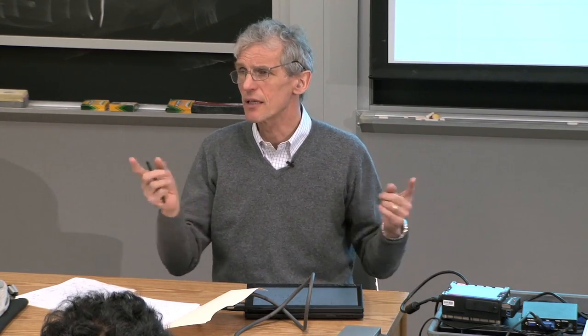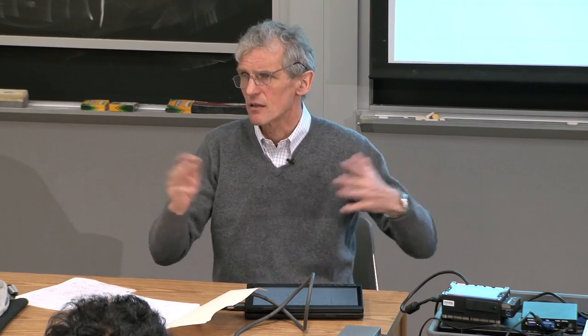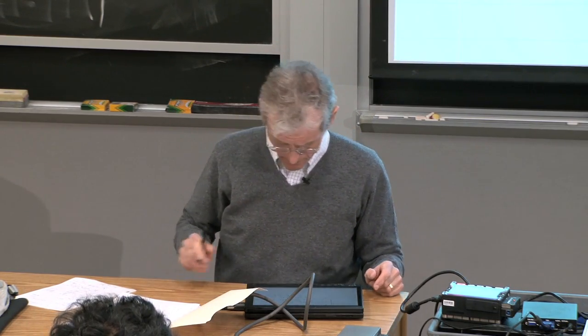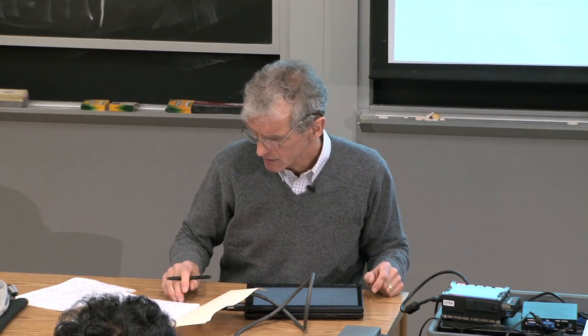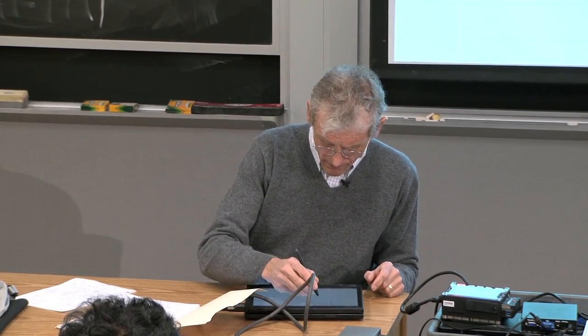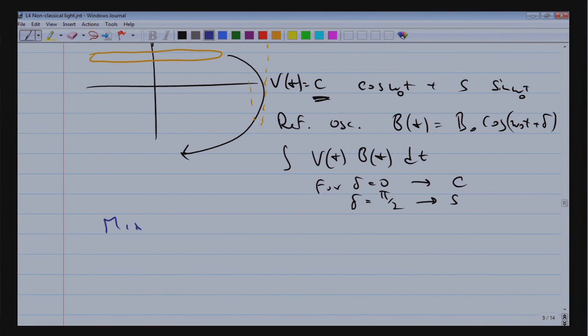If you drive a nonlinear element with two input sources, you get something which involves the product of the two. Okay, so the principle of homodyne detection is now that we want to mix light at a beam splitter.